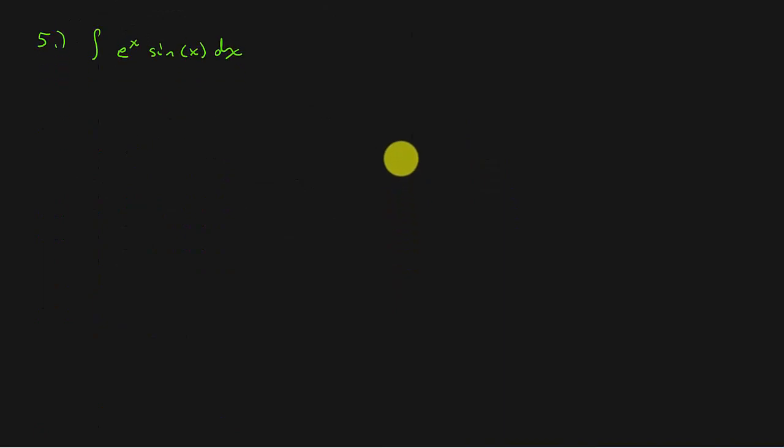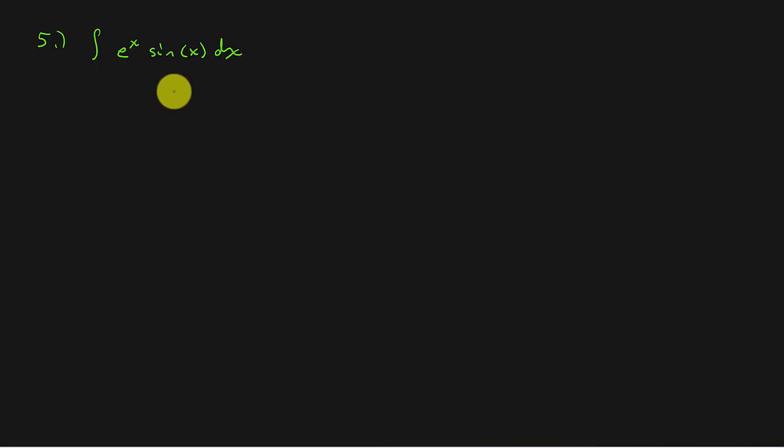All right, so how about this one? Well, what do we let equal what? Well, if we let u equal e to the x, the derivative of e to the x is e to the x.